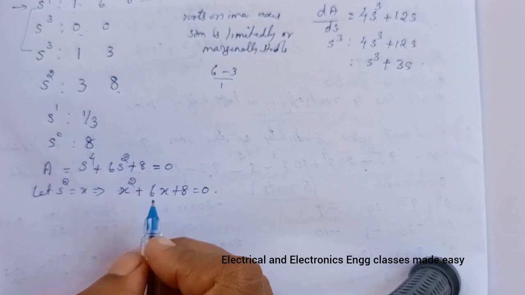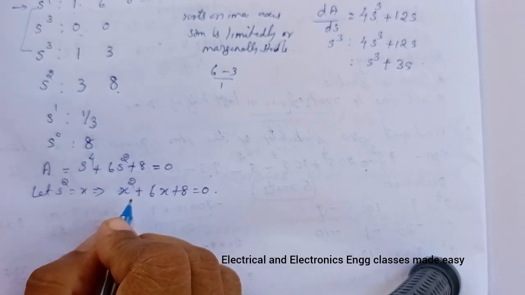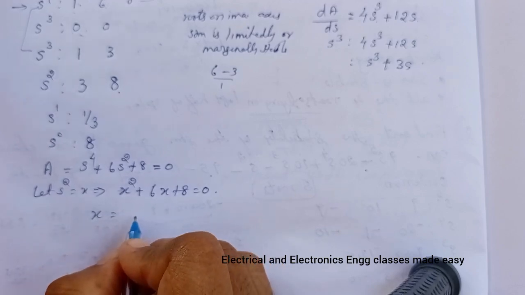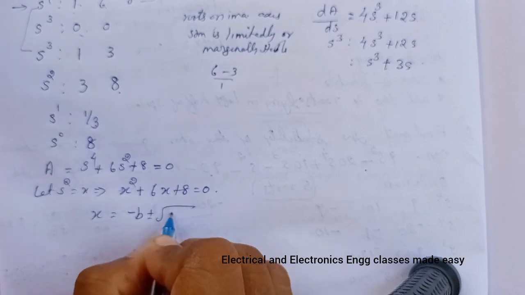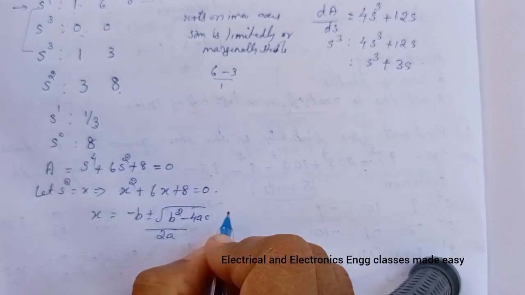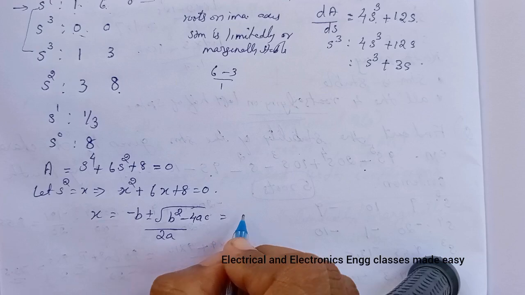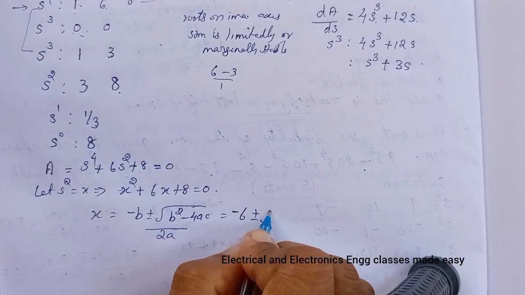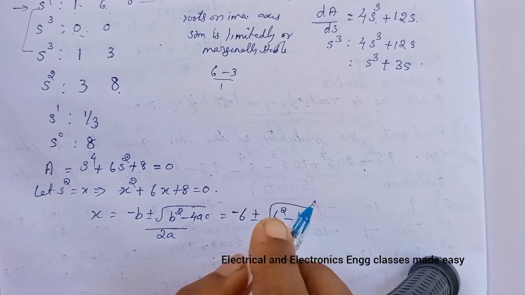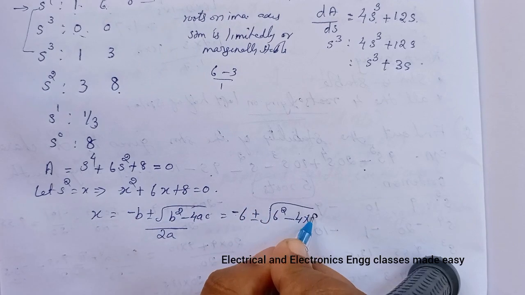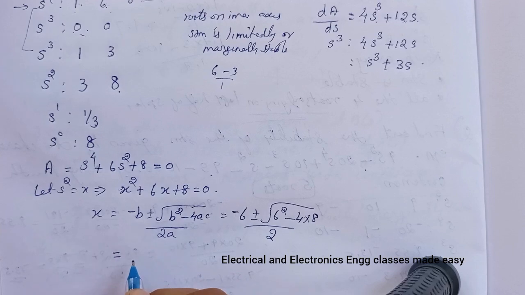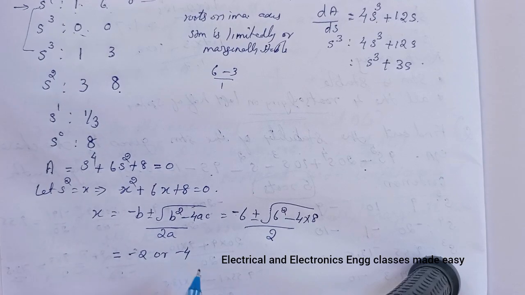And we can find the roots of the quadratic equation, x equal to minus b plus or minus root of b square minus 4ac divided by 2a. Applying this equation we get minus 6 plus or minus root of 6 square minus 4 into a into c, that is 8, divided by 2, and we get the roots are minus 2 or minus 4.